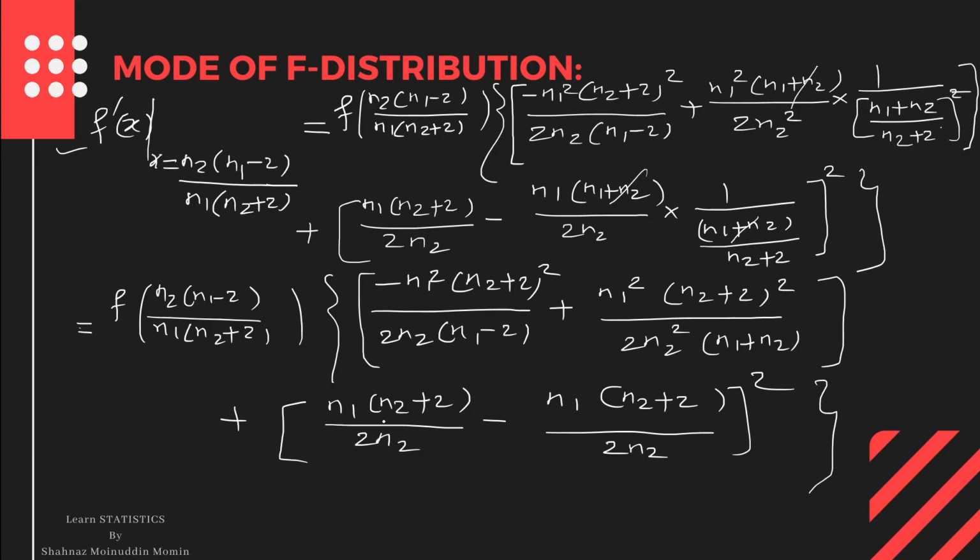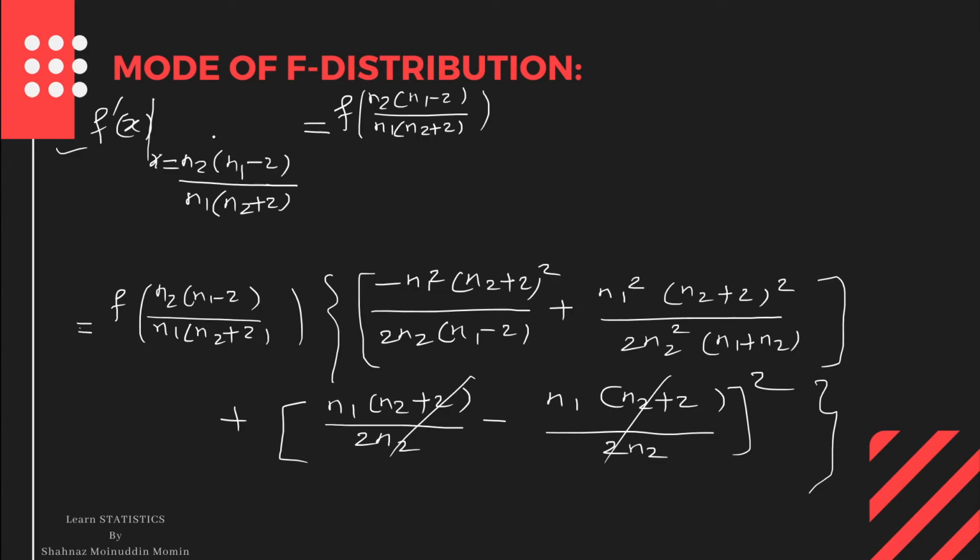In the second bracket, n1 into (n2 plus 2) by 2n2 minus n1 (n2 plus 2) by 2n2 get cancelled. So the second bracket is 0. Now we are left with only one term. Now from the first term, I shall take constant as n1 square (n2 plus 2) whole square divided by 2n2.